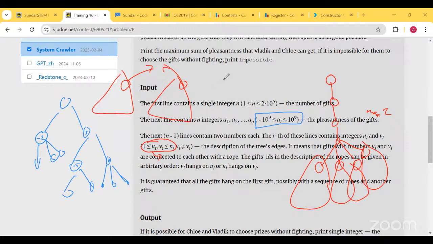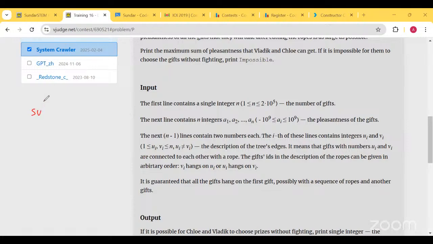So just DFS, and for each node store the maximum of the sum of subtree of all its descendants. There are two values we need to count.